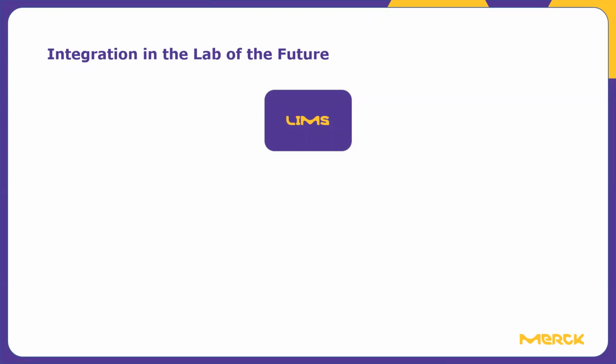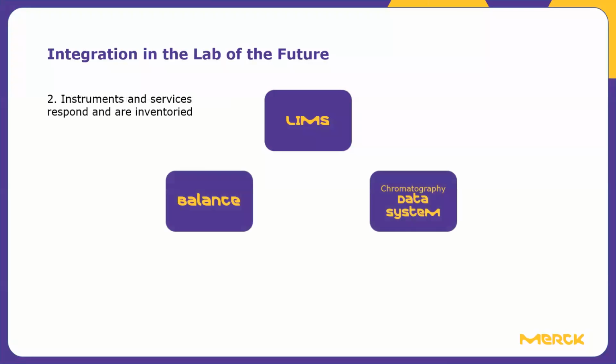Now comes the SiLA approach. The SiLA approach allows us to perform discovery, so we can recognize the different services or devices that are available in the lab. So in this case, we would be recognizing a balance and maybe a chromatography data system, and those services respond and are inventoried by the LIMS.